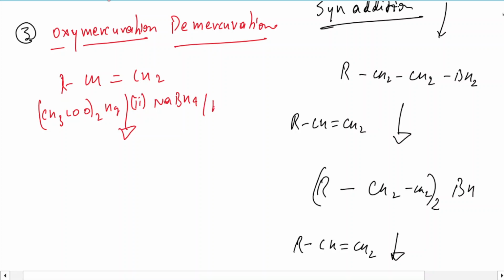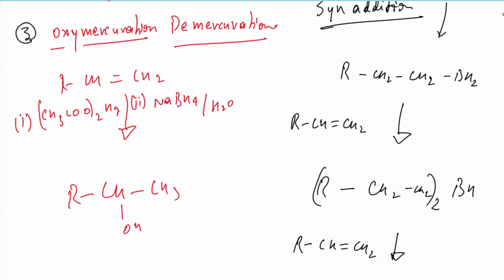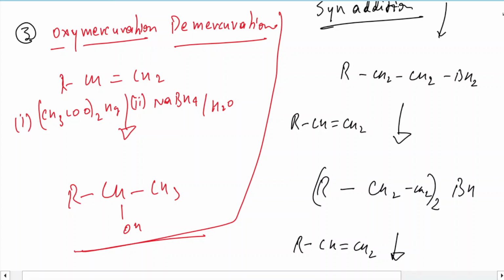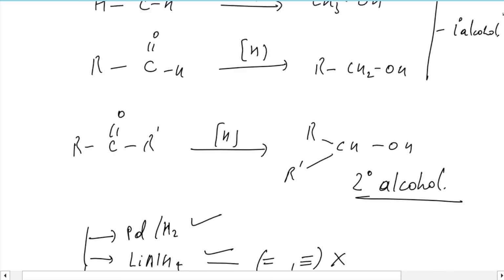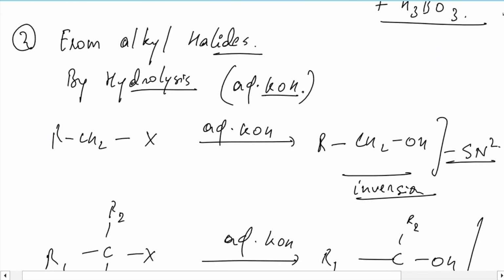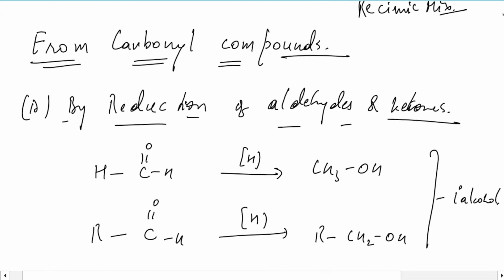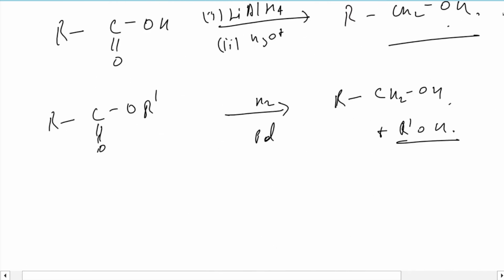So that's how the reaction proceeds and the product formed is the Markovnikov product. So this is also one of the chemical reactions we can write, oxymercuration demercuration. Next to this was the hydrolysis of alkyl halides, and then reduction of carbonyl compound, and by reacting the carbonyl compounds with Grignard's reagent.